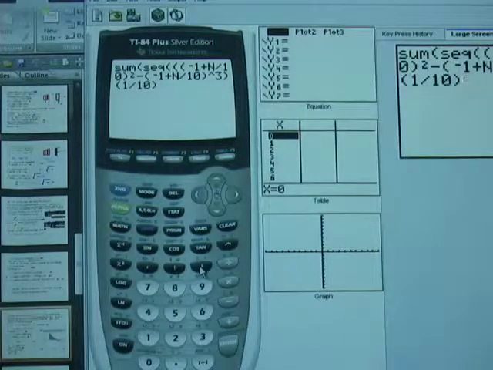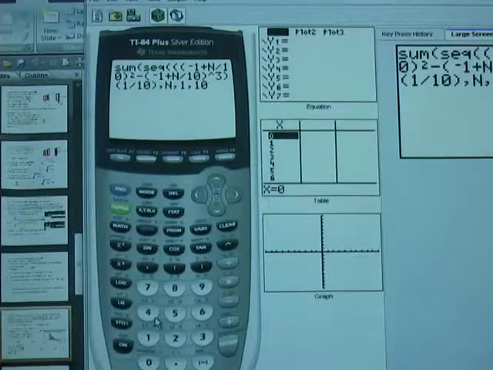Now you've got to say the detail of the summation, that is comma, alpha log n, comma 1, comma 10, that is summation for n from 1 to 10 in steps of 1, and parenthesis closed. Is that right? Check once more, otherwise it will give you an error.